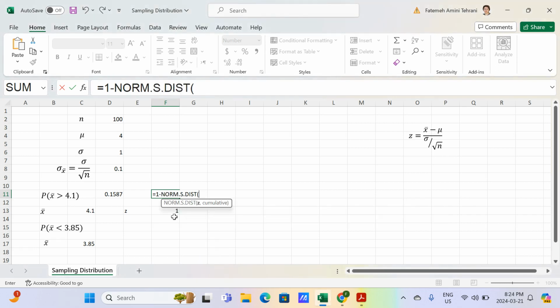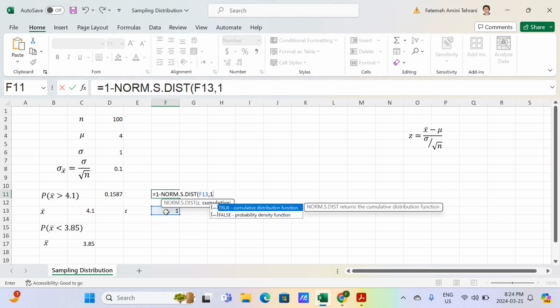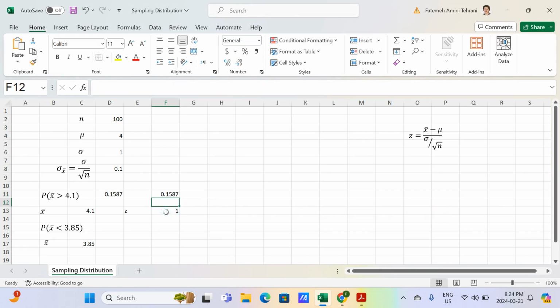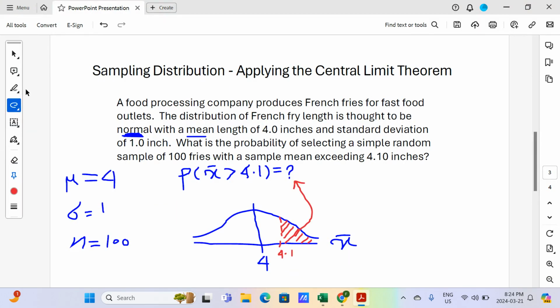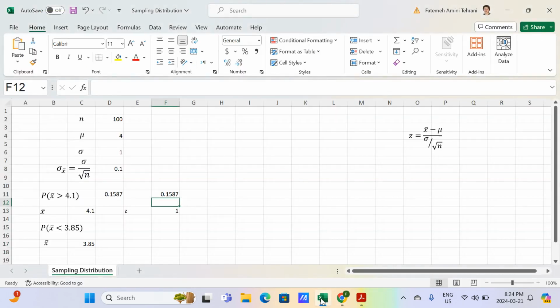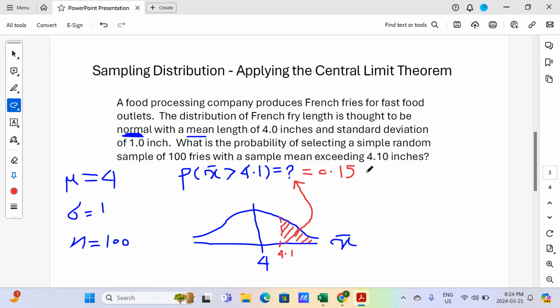Here I write z, and it's cumulative. We get the same number, but here I used the standard normal distribution. So the probability, the area of the red part, is 0.1587 based on the Excel file.